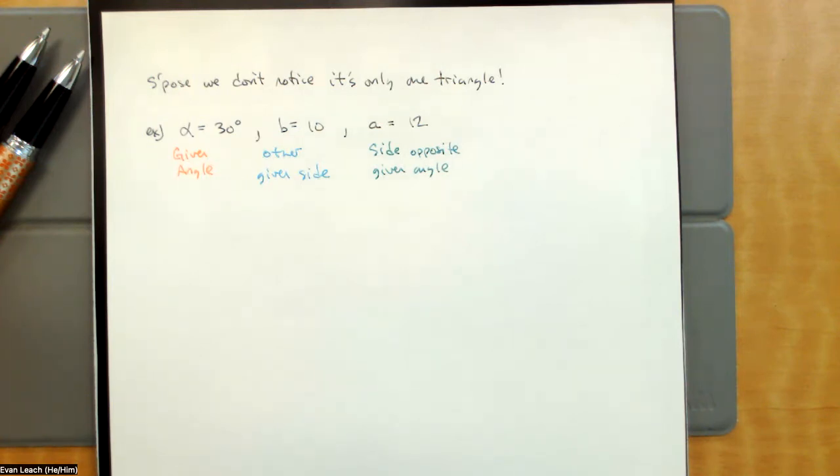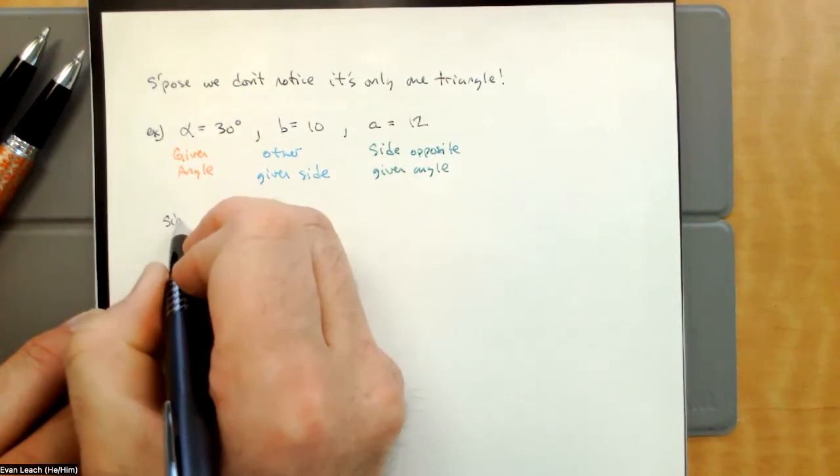But let's suppose that we do notice that we are in the ambiguous case of the law of sines. We're about to use the law of sines to find an angle, and it's the first thing that we're doing in the problem. Therefore, it's the ambiguous case, so we might be thinking, what if there's two triangles?